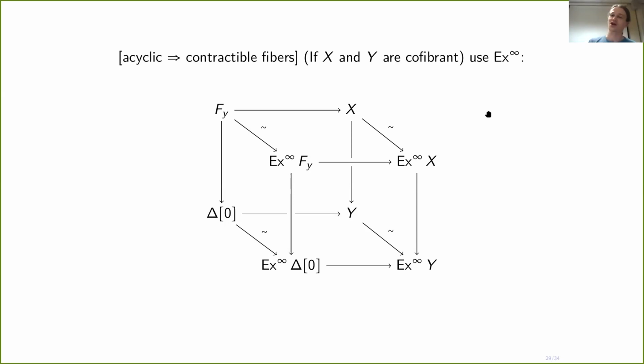As I said, we have verified that trivial fibrations coincide with acyclic fibrations. Now we would like to say the same for cofibrations, and that gets a little hairy because not everything is cofibrant.